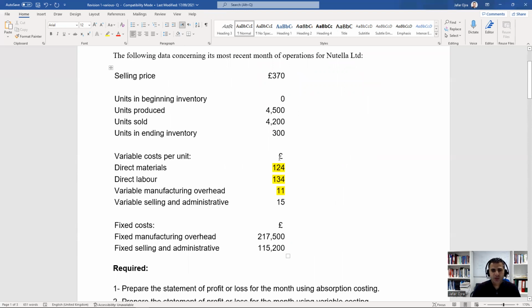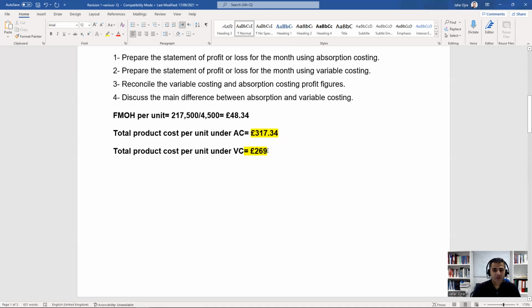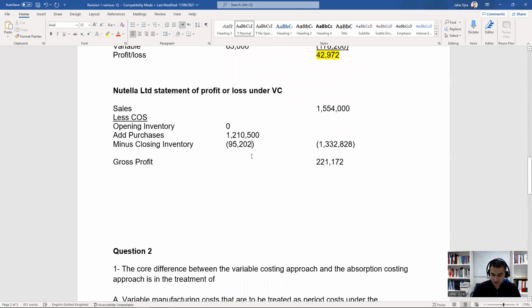You multiply the 300 units by the product cost per unit using the marginal or variable costing, 269, and that will give you the closing inventory, which would be 80,700. So in this case, the cost of sales so far is 1,129,800, isn't it?